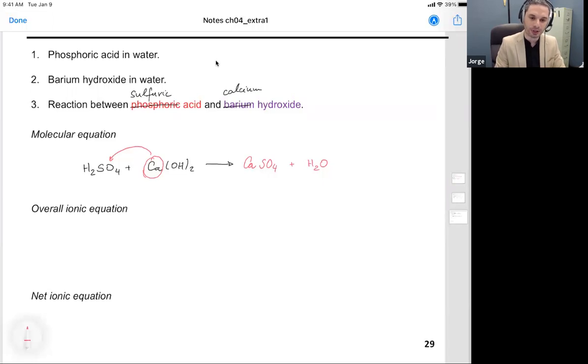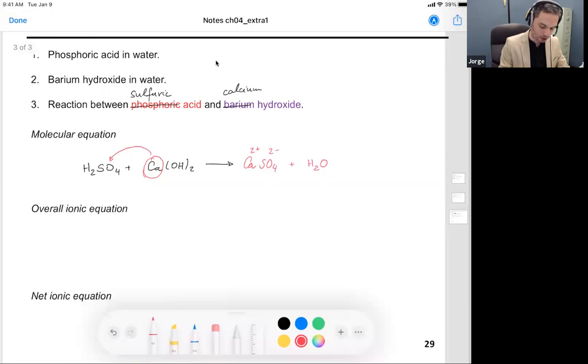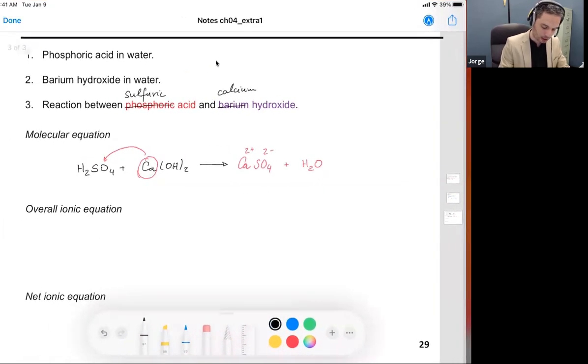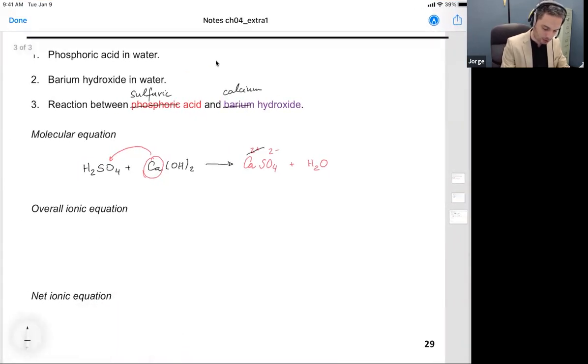Careful here with the charges. Calcium, we know that this is 2+, and for sulfate, we know that is a 2- anion. Every time you have the same charges in an ionic compound, they can be canceled. So we don't have to cross any charges. And the formula of the salt is just CaSO4.